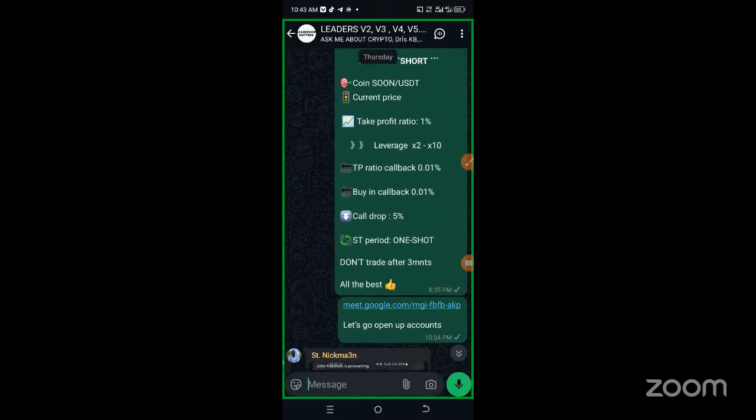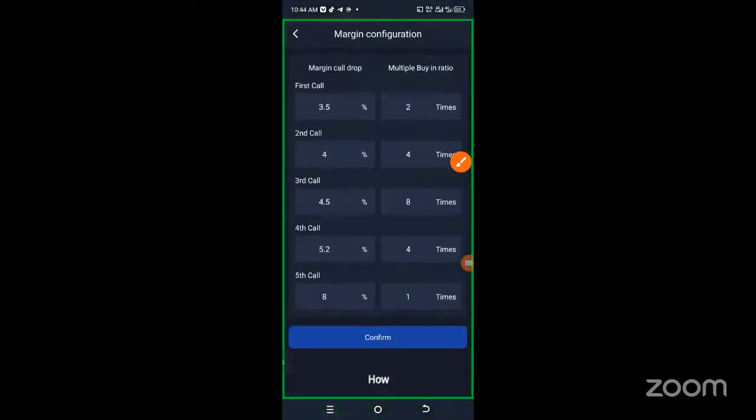For example, they are telling you that drop is 5%. And where can you get the drop percentages to be put here? How do you put them?